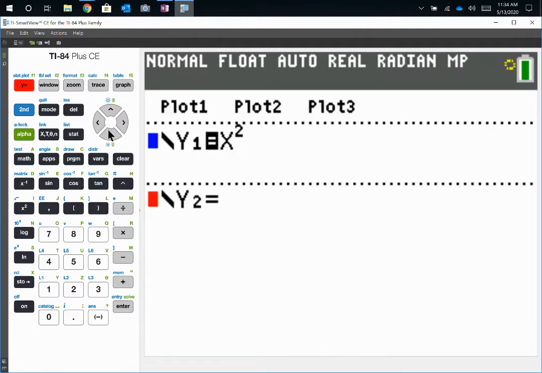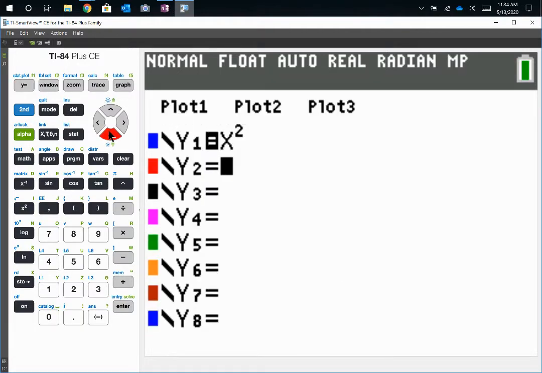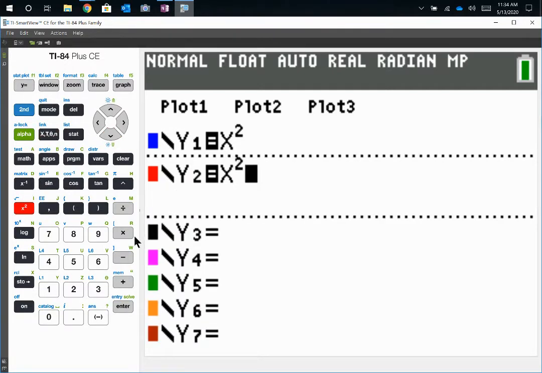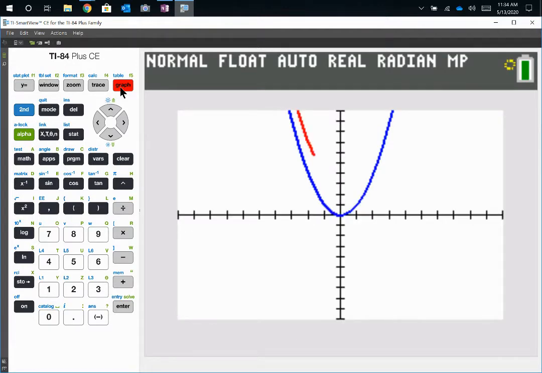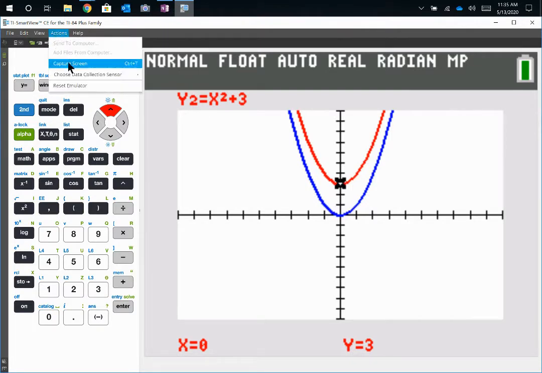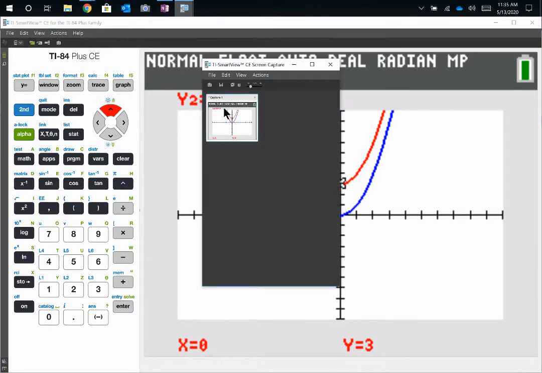And into y2 we can type x squared plus 3 and graph it. And we see that the function is shifted 3 places upwards. Capture that and put it in our notes.